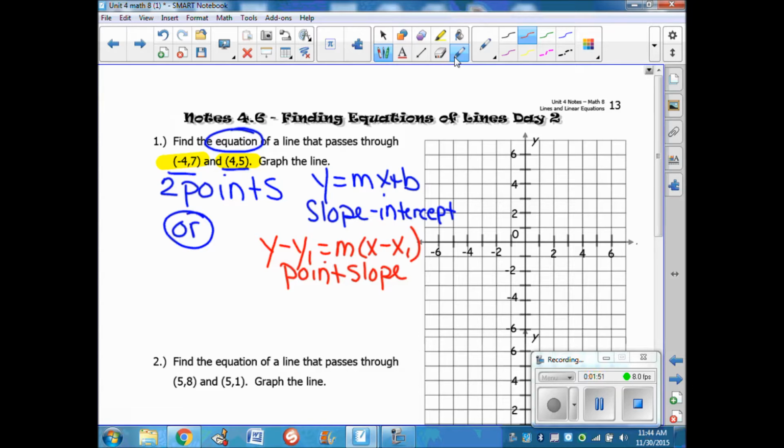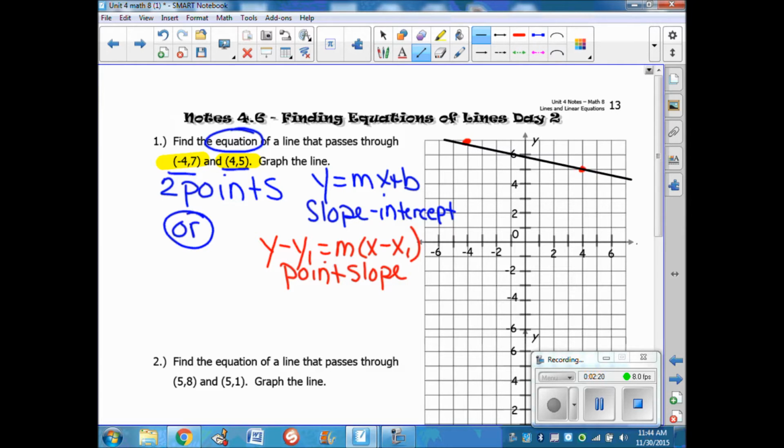So when I plot (-4, 7), that means I start at 0 and I go left 1, 2, 3, 4, and I go up 7. Okay, that's the point (-4, 7). And then plot the point (4, 5) means go to the right 4 and up 5. Remember, you go right, left first, right? Then up or down.